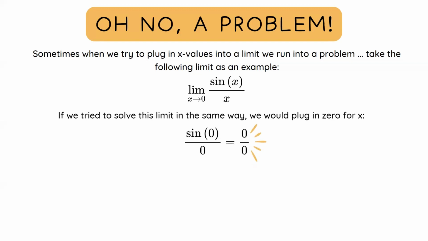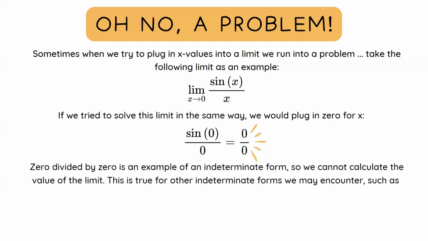Think for a second why 0 over 0 might be a problem. Well, it's because it is a number written in indeterminate form. Something in indeterminate form means you can't actually determine or calculate what the value of this is. We don't have enough information about it. It doesn't really exist as something.